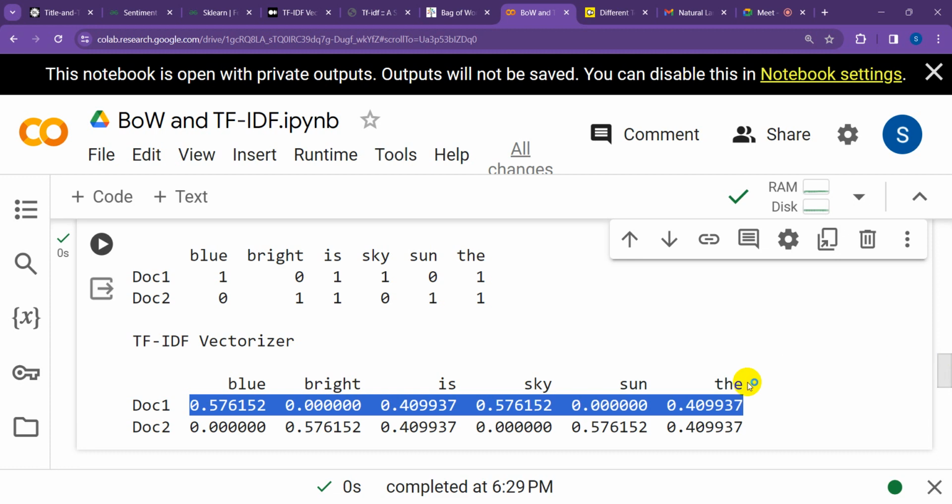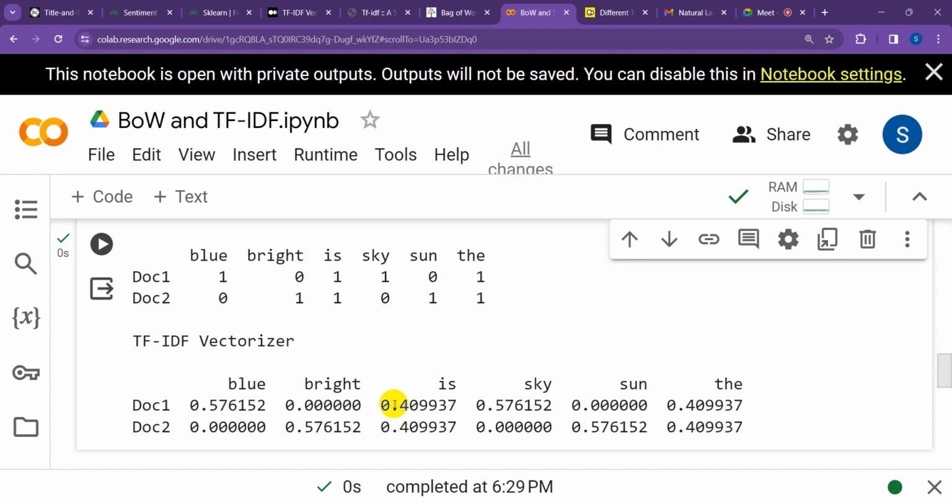If you see, for the first document and the second document, the TF-IDF value for the word 'is' is the same. That means it is equally relevant, or it does not hold any meaning in the entire document. But the term 'sky' in the first document and the term 'sun' in the second document have much more importance, right?